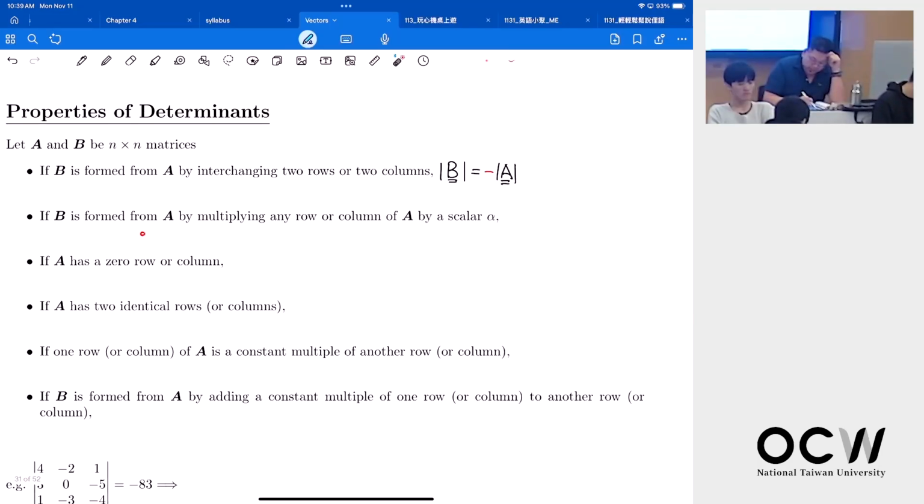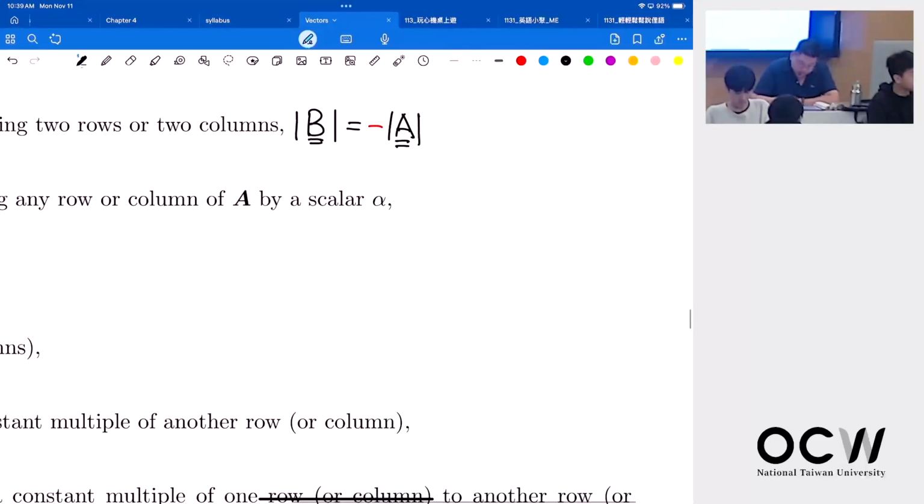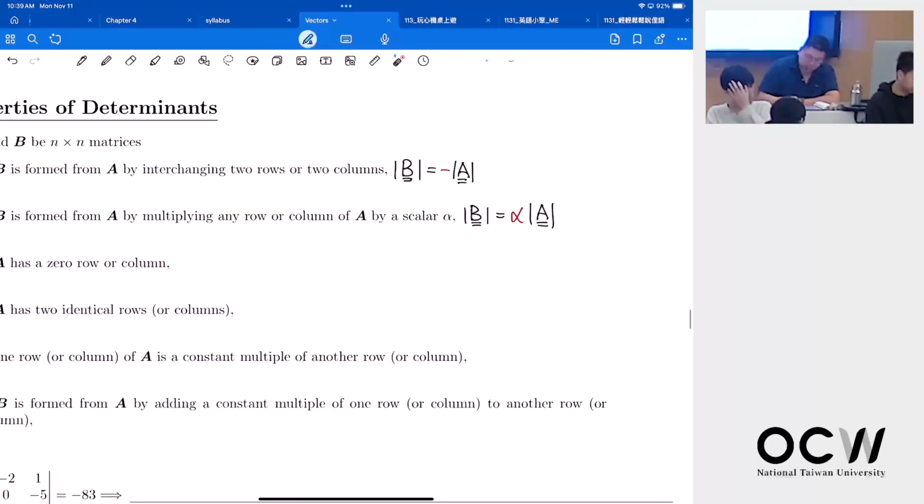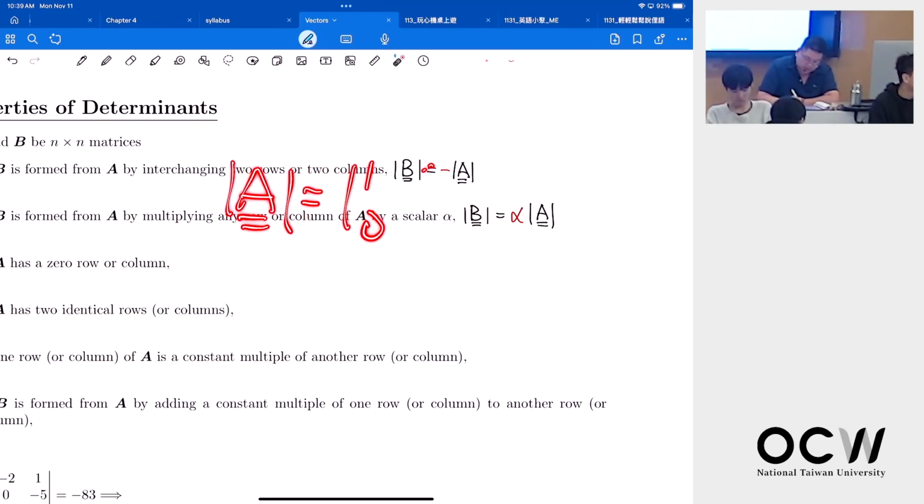If B is formed from A by multiplying any row or column of A by a scalar alpha, then the determinant of B will be alpha times the determinant of A. The easy one. A is 1, 0, 0, 1, determinant of A is 1.